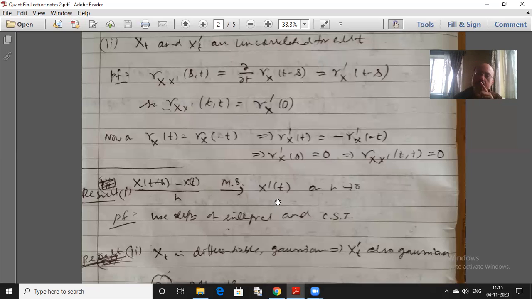Do you see the strategy of the proof? I'm not giving you the whole proof, but the strategy is just to write this difference as an integral and then take the limit. Again, the limiting arguments will need a little bit of fine touches, but the essential part of the proof lies there.